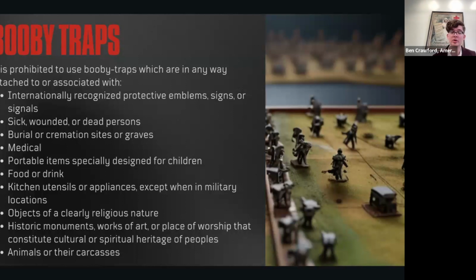Also prohibited: sick, wounded, or dead persons, burial or cremation sites or graves, any medical-related items, portable items specifically designed for children, food or drink, kitchen utensils or appliances, except when these are in military locations, objects of a clearly religious nature, historic monuments, works of art, places of worship that constitute cultural or spiritual heritage of people, or animals or their carcasses.